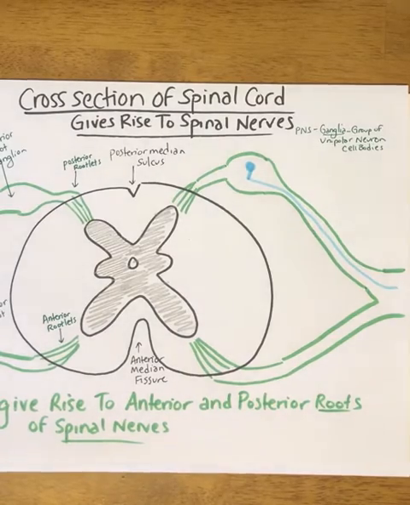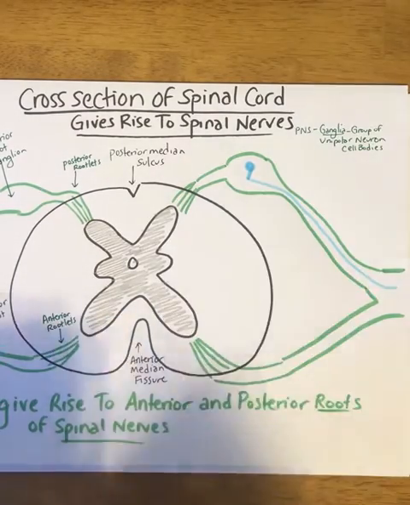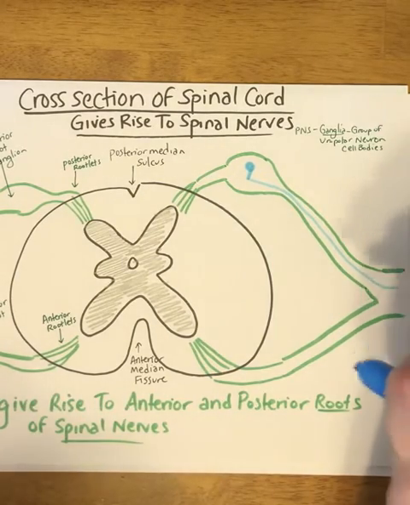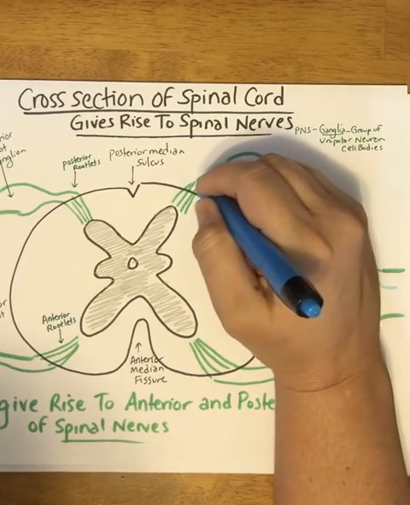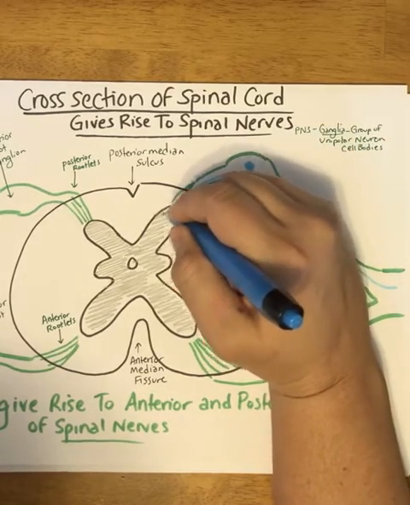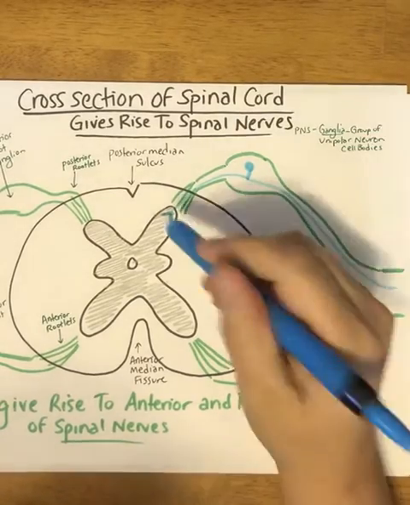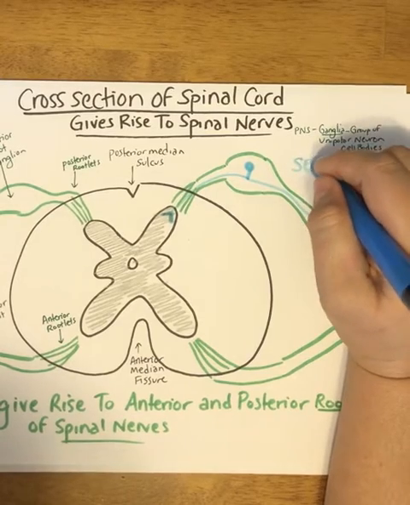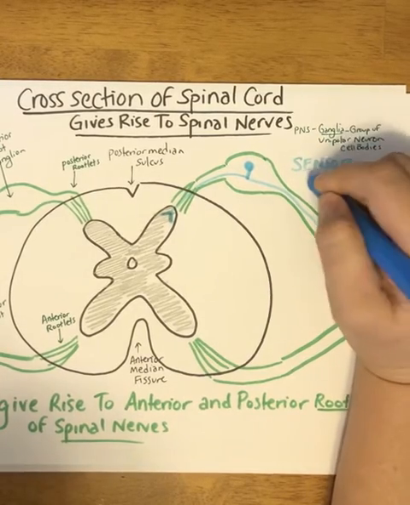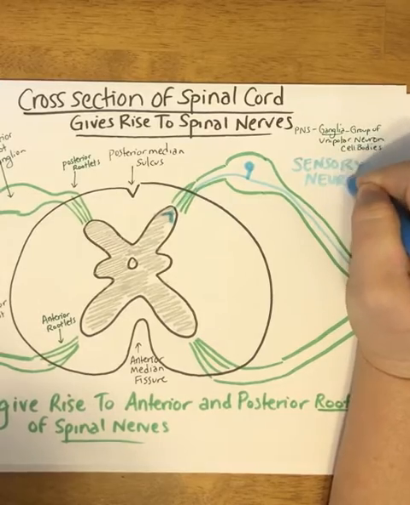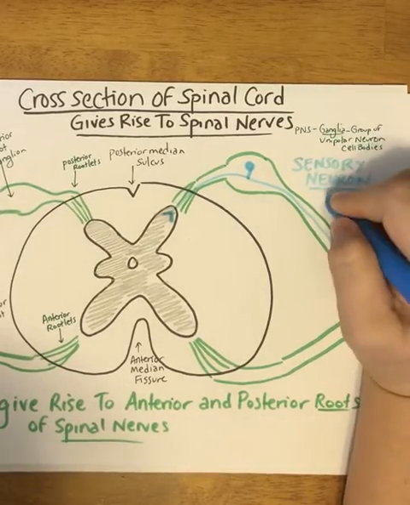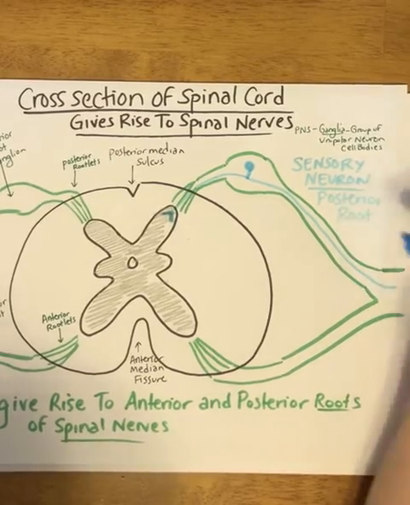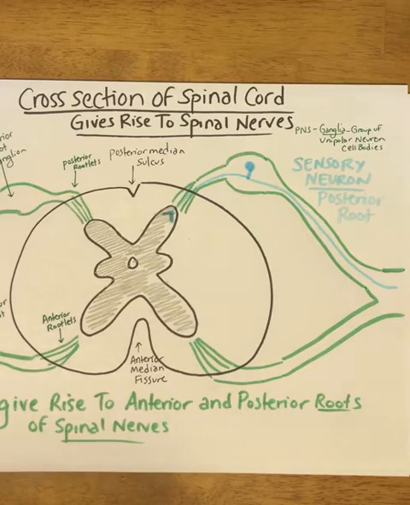So, sensory neurons are always going to travel on the posterior aspect of a spinal nerve. This is a unipolar neuron. So what happens is it synapses. It ends in the posterior root. So now we can say that sensory neurons are in the posterior root of spinal nerves, always posterior.